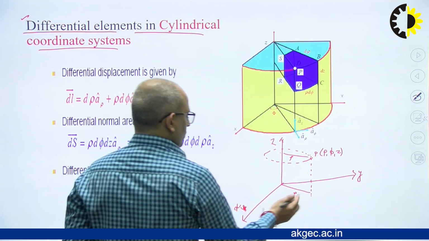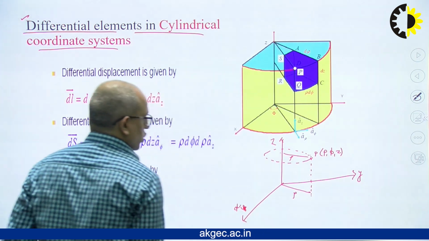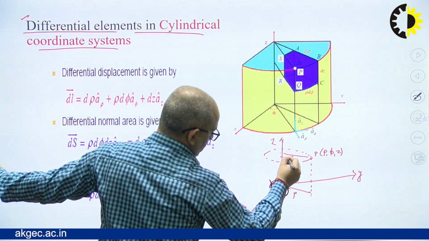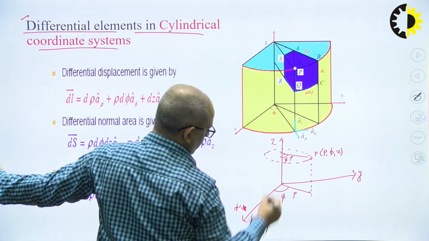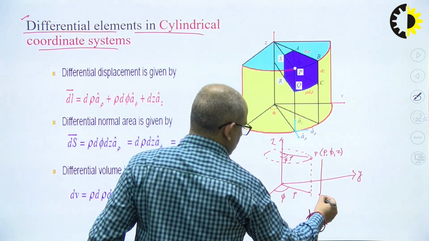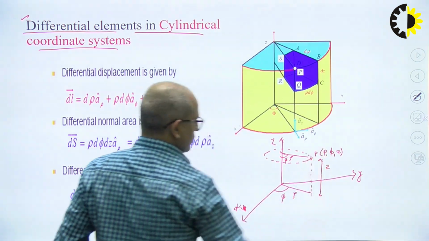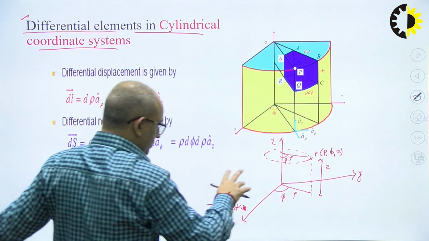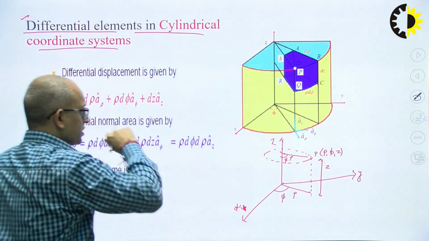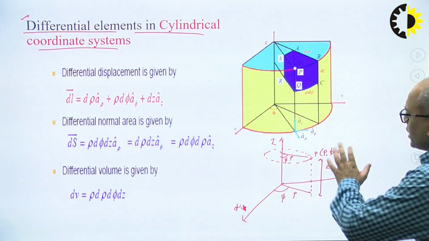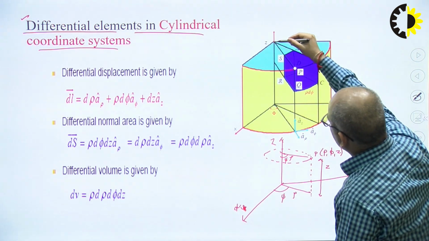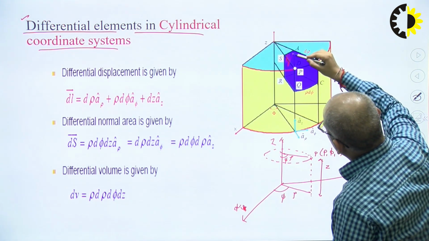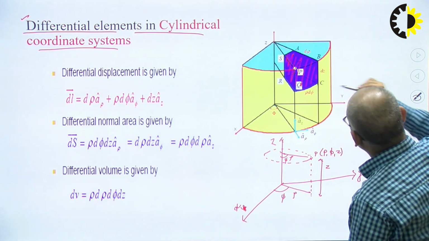Clear? So you will see, and this one is what? Phi. This one will be phi. Clear? And this one is z. Now see, if I take differential element in cylindrical coordinate system, a small cylinder will be formed of this one. Clear?